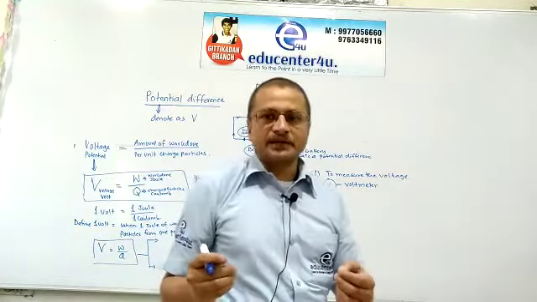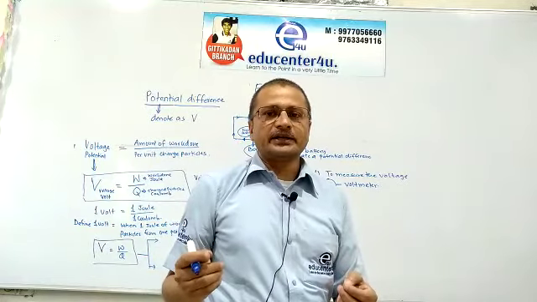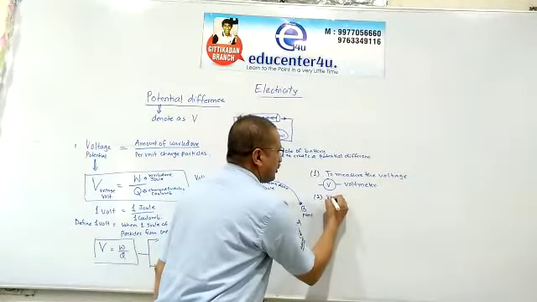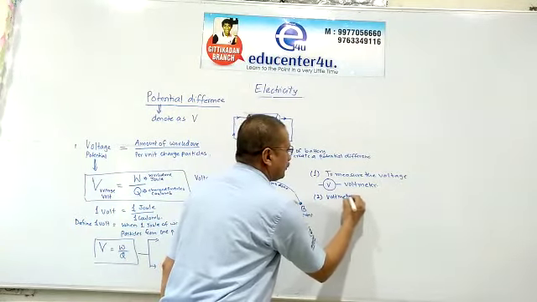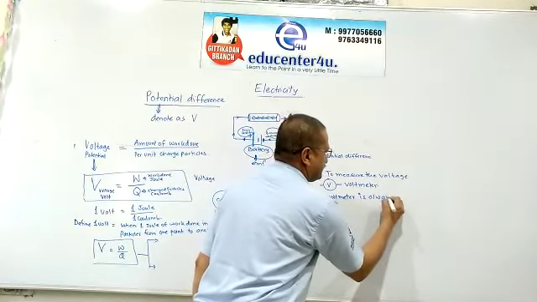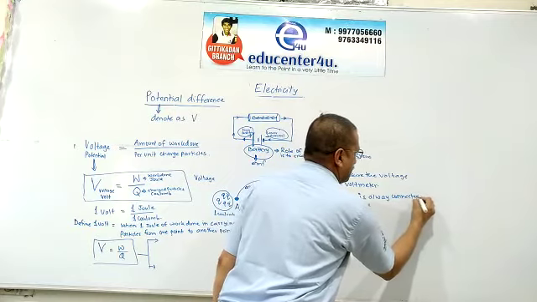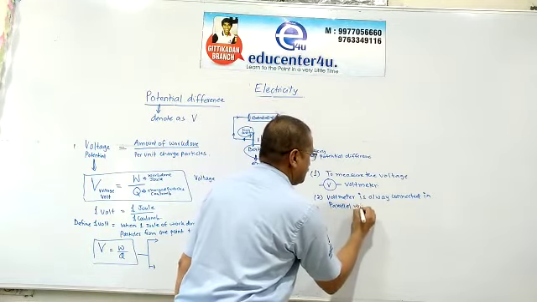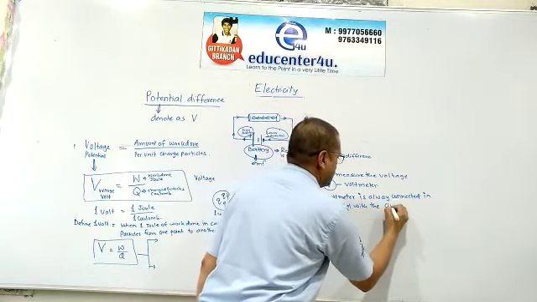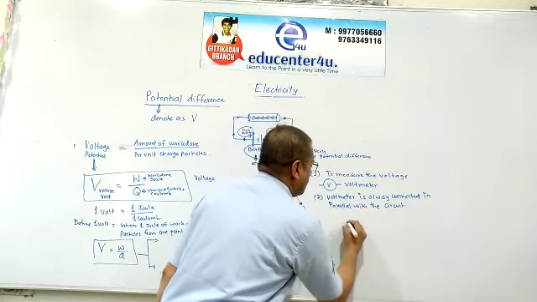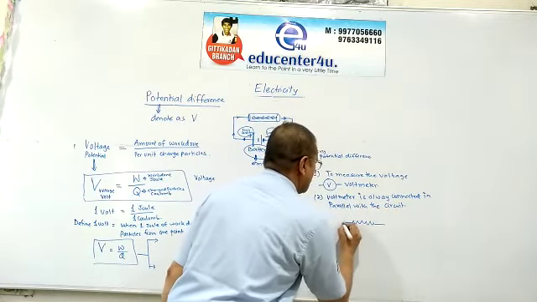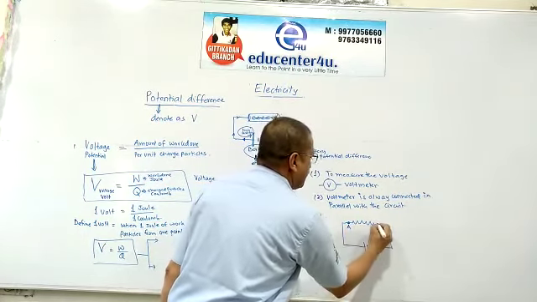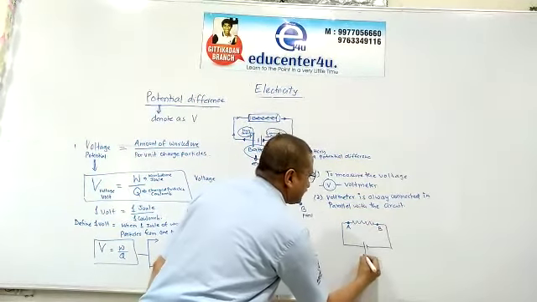So voltmeter is the instrument that measures the voltage across any two points, and voltmeter is always connected in parallel with the circuit. Suppose this is point A and this is point B and this is a battery.